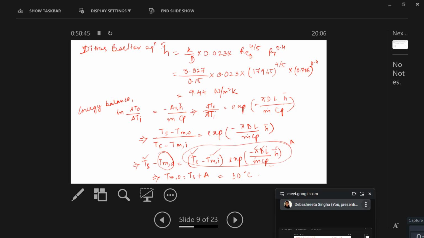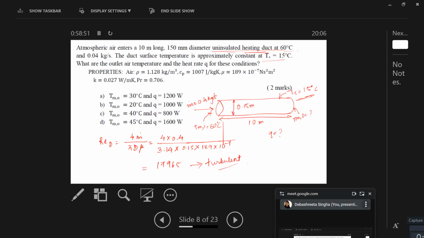Okay, now next, we have already got the temperature Tmo. Now to find the heat rate q, we can directly calculate it as h A delta T, or also we can write m cp delta T, that is Tmo minus Tmi.